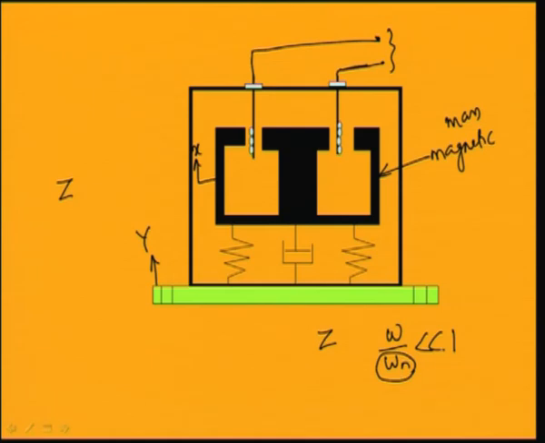So, let me take omega by omega n equal to 0.02. In this case omega n will have a very high value, as omega n equals root over k by m.